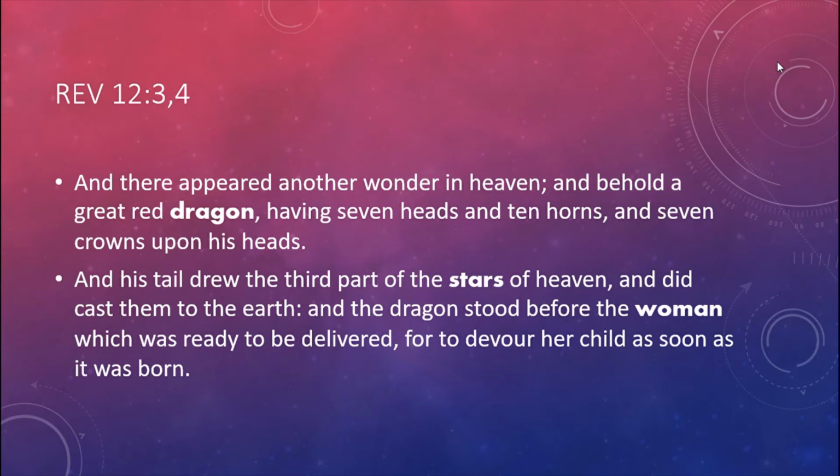Okay, so here we have the dragon that can represent Satan, and we know that in heaven there was a war when Satan was cast out of heaven, and he took a third part of the stars, which is the third part of the angels in heaven. And when he came, we see the representation of the woman again that he was trying to persecute.